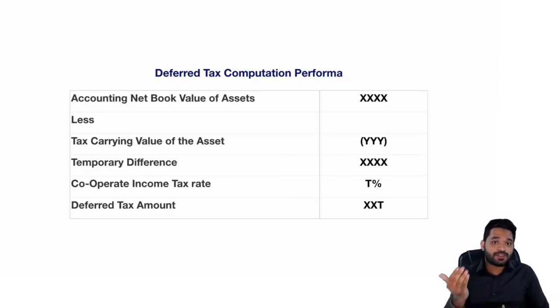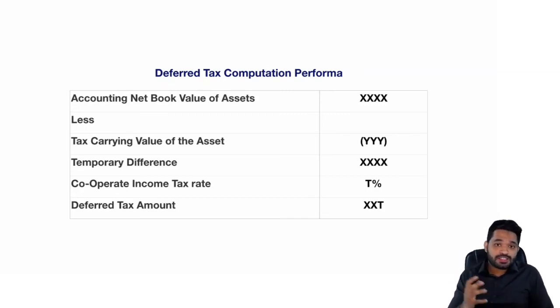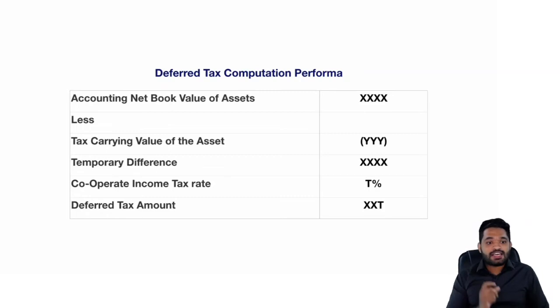We take our accounting depreciation from it. From that we remove the tax carrying value, or the net book value according to the tax authorities. Then you get your temporary difference. That temporary difference is multiplied by the tax rate and you get your deferred tax amount.